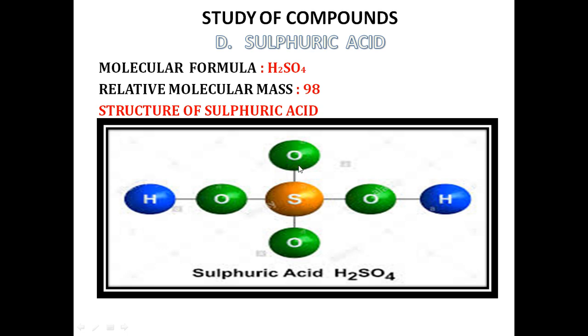So either this or this bond is coordinate bond, or this or this, any of these. Out of 4 bonds here, 2 of the bonds are coordinate bonds, formed by sharing 2 lone pairs of electrons donated by sulfur. So this is the structure of sulfuric acid.